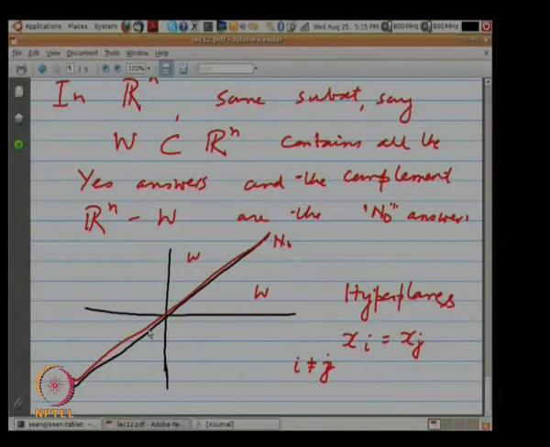And if the point lies outside of the union of these hyperplanes, then the answer is a yes answer. So, what we are actually doing is partitioning the input space into some kind of equivalence classes.